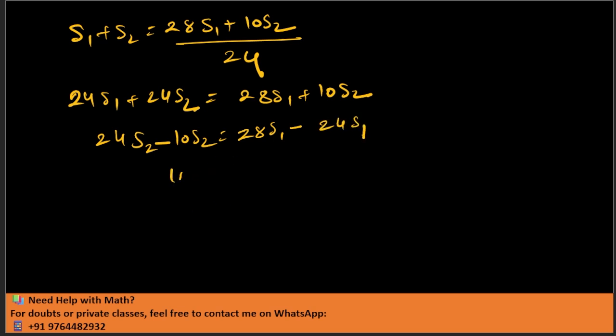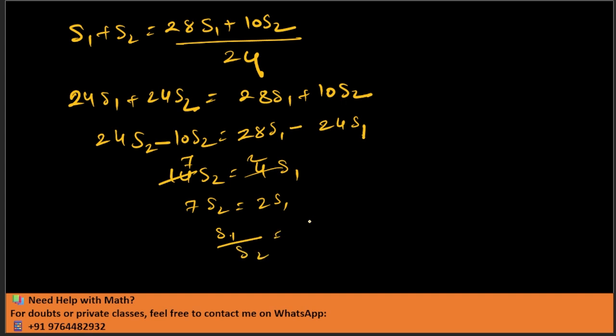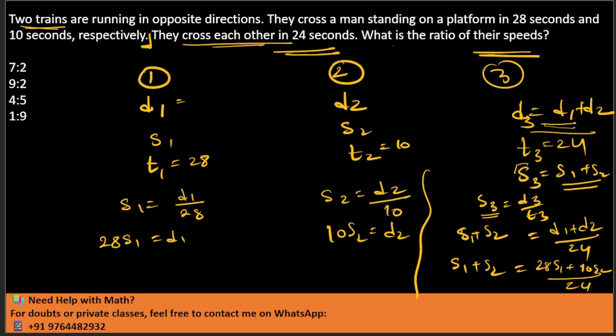So here we have 14 s2 is equal to 4 s1. Dividing by 2, it is 7 s2 is equal to 2 s1. So s1 upon s2 is equal to 7 upon 2. So the ratio is 7 to 2.